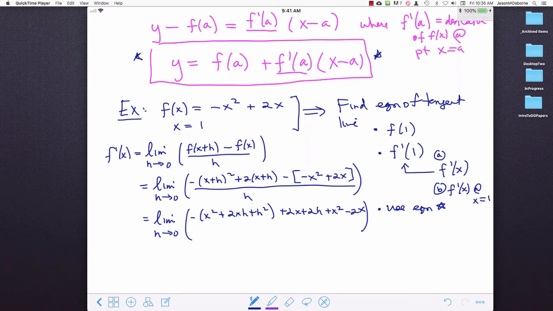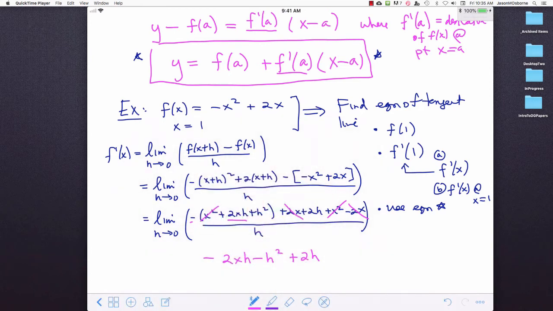And we can see here that the x squareds are going to cancel out. There's a minus sign there. We'll have left minus 2xh on this term, and a minus h squared. The 2x's cancel out, and you're also left with 2h. And remember that we also have to divide this whole thing by h.